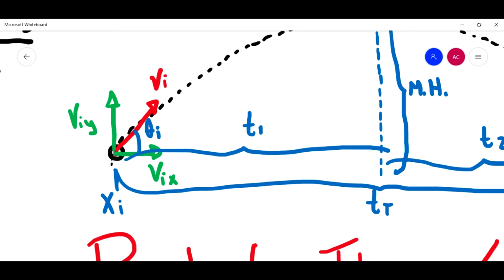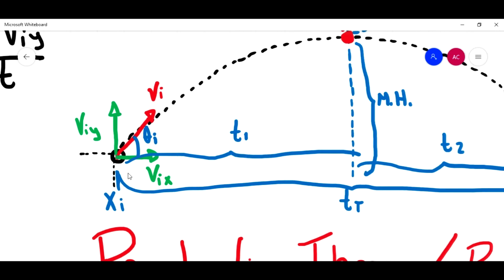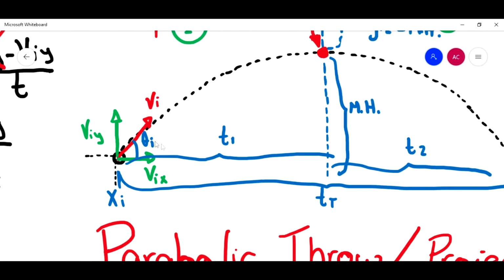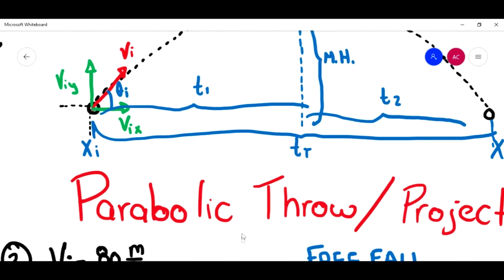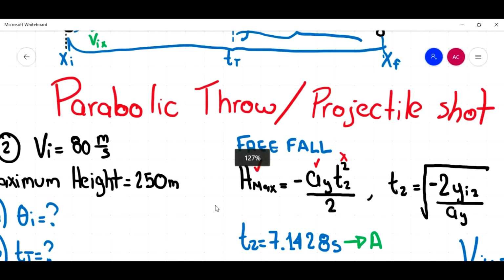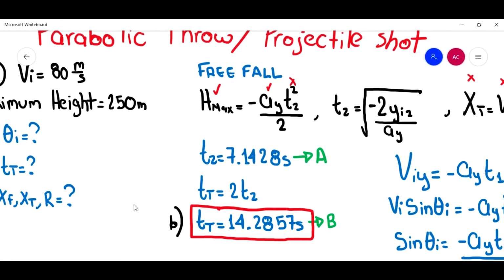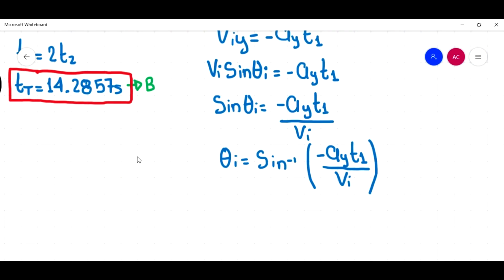If this is a Cartesian plane, this is the first quadrant, the second quadrant, the third quadrant, and the fourth quadrant. In the first quadrant, there is no problem because the angle that I just found is the total angle. So we don't need to do something else like adding 180 or subtracting 180.